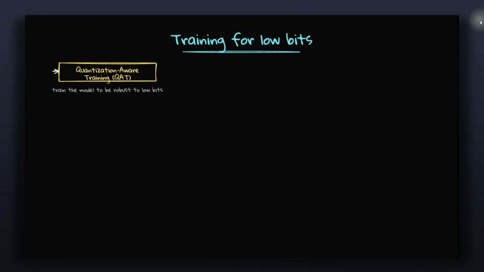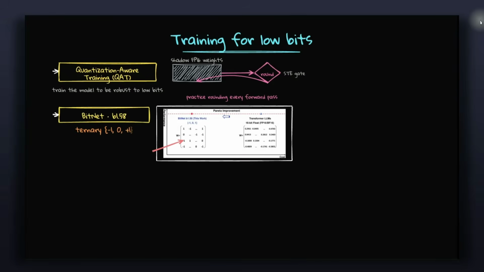So far, we have only been talking about post-training quantization, but the bigger idea is quantization-aware training. Instead of rounding after the fact, you train the model to expect low bits. It keeps shadow full precision weights, but practices rounding on every forward pass, so it learns weights that survive the crush.